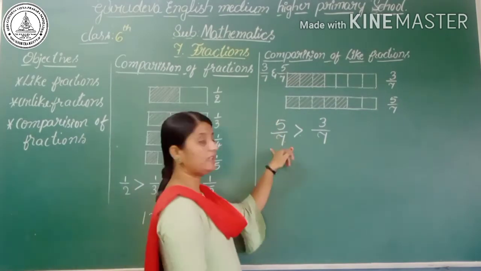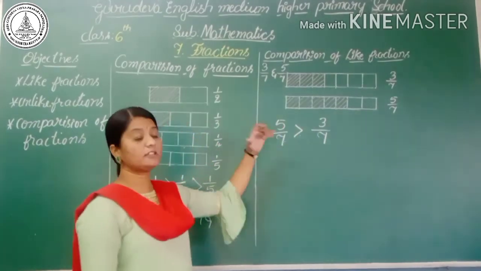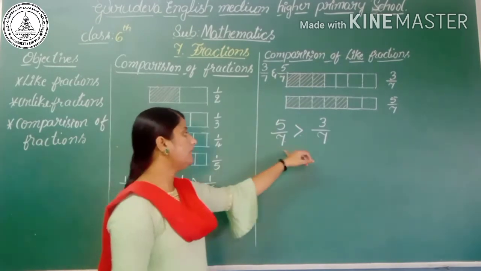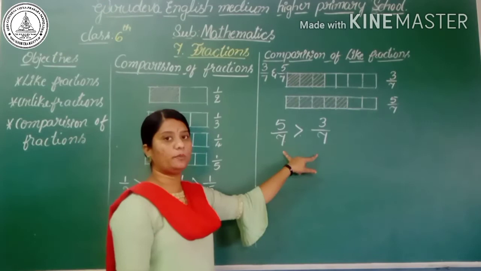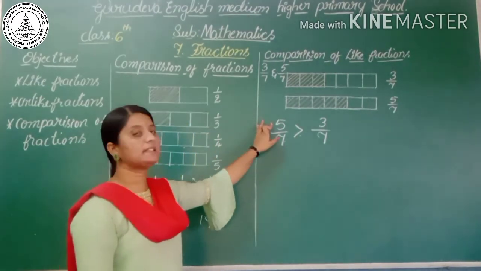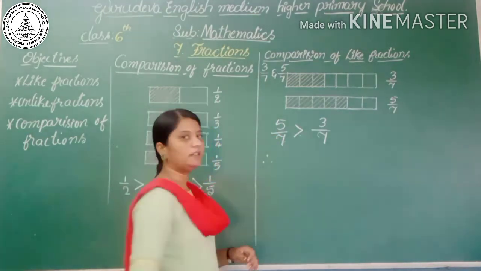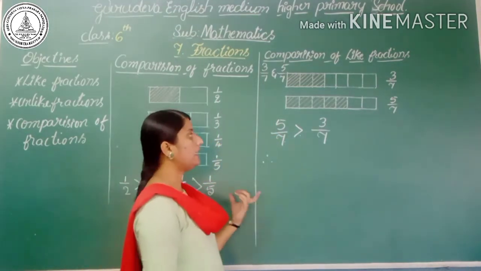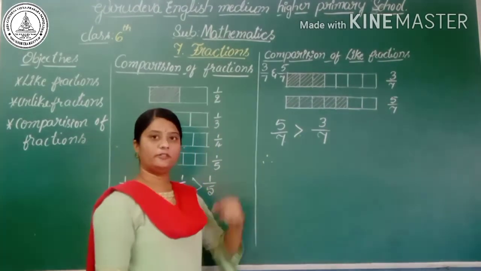So in like fractions, with the same denominator, the fraction having the greater numerator is the greater fraction. Therefore, you can write that among like fractions, the one with the greater numerator is the greater fraction.